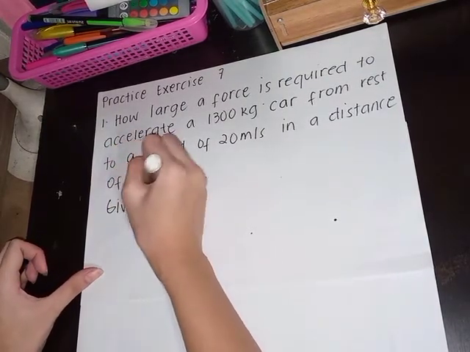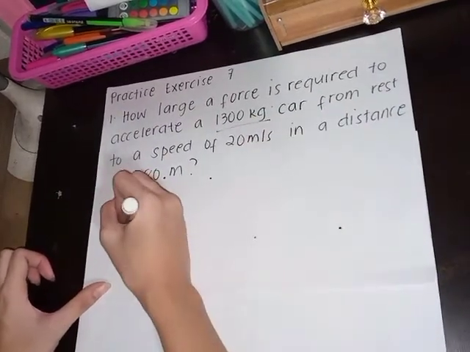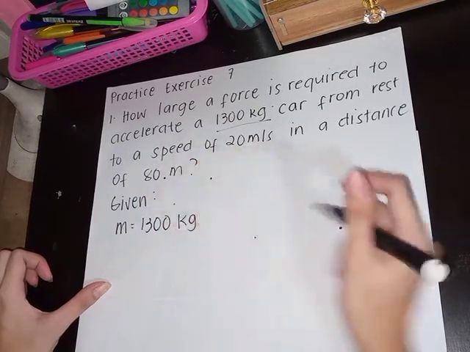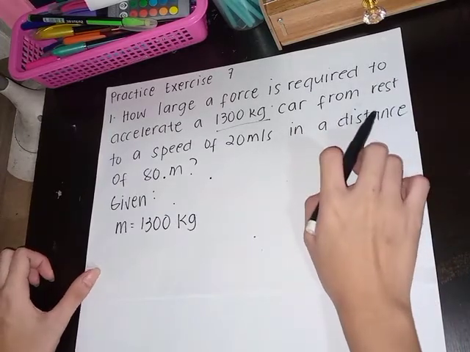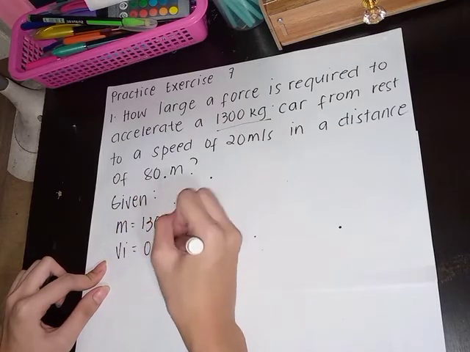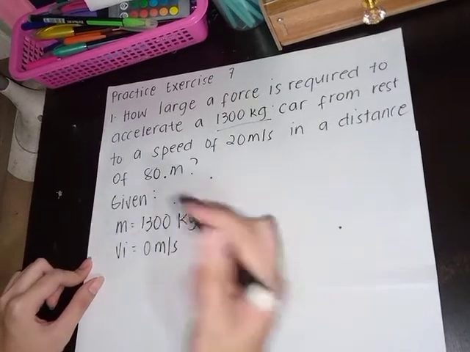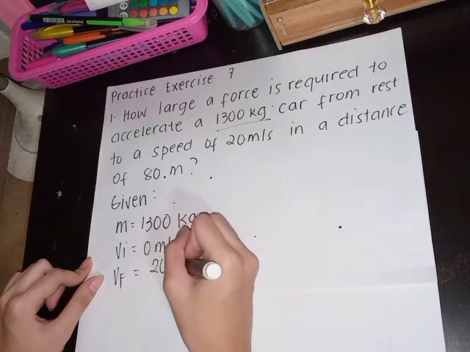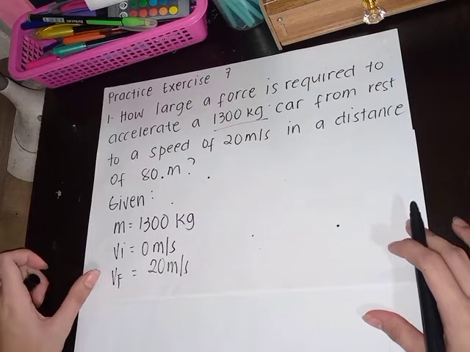So we have the given of 1,300 kilogram, which is the mass, and a car from rest. So we have the initial velocity of 0 meter per second to a speed of 20 meter per second. So we have the final velocity of 20 meter per second and in a distance of 80 meter.